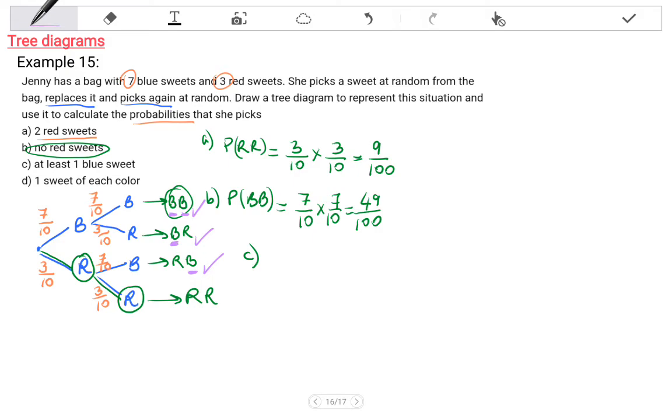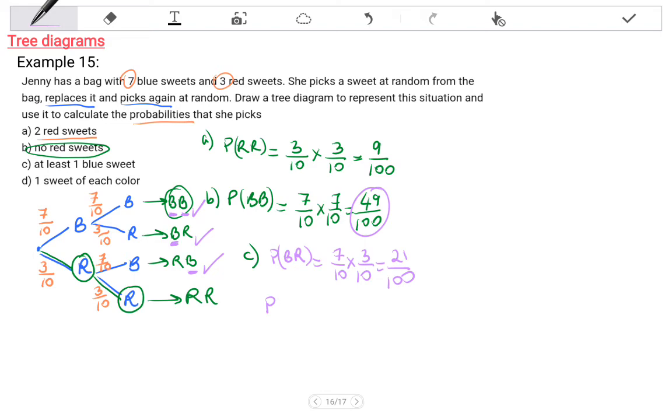So I'm going to find the values of these labeled outcomes, then add them, because either this or the other one may happen. The probability of blue and blue is already found. The probability of blue and red, let's calculate it. 7/10 times 3/10 is 21/100.